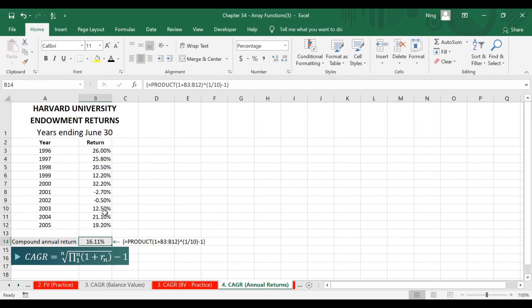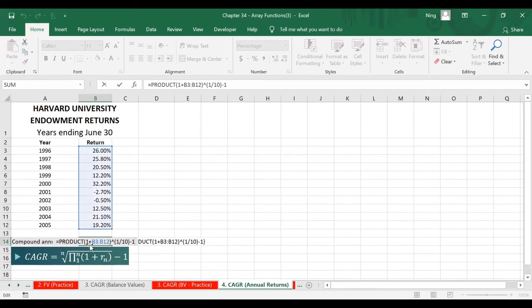But in this case, since we're using an array function, you will replace the individual return with the return array and multiply them all together. The function to multiply numbers in Excel is PRODUCT. So multiply them all together, take the 10th root, and then minus 1.